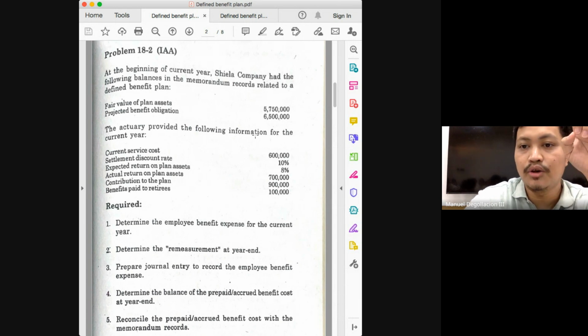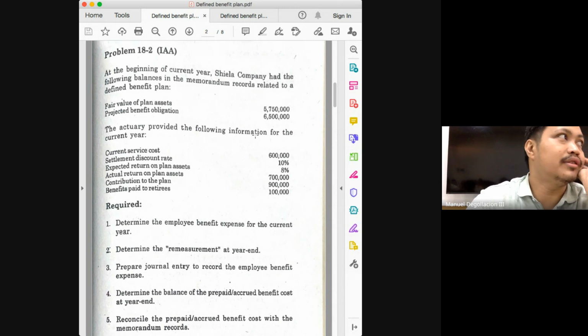You have your current service cost, your past service cost, and the gain or loss on settlement. And then your net interest will also have three components: interest expense on the PBO, interest income on the FVPA, and interest expense on the effect of the asset ceiling.